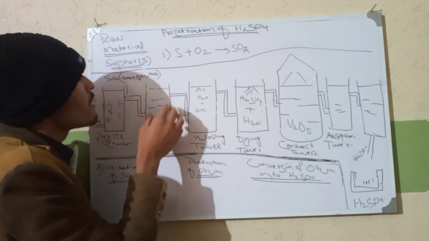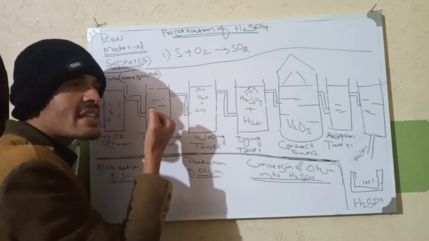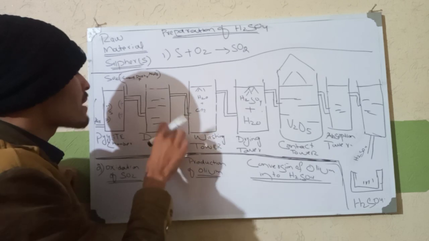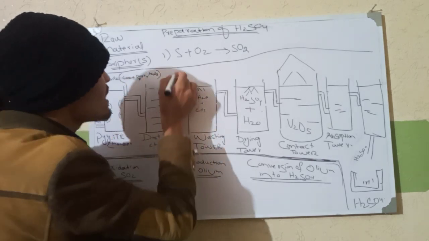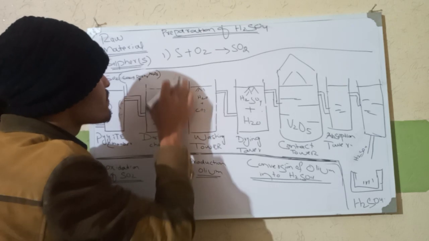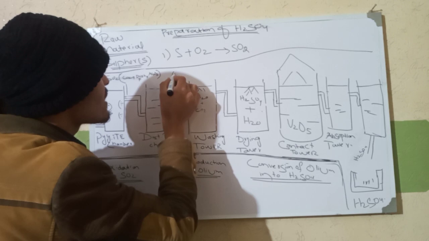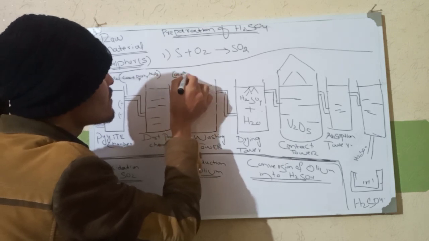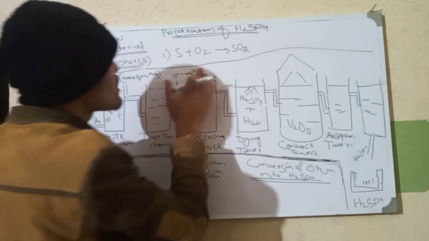What does this filter do? It catches the dust particles. So the dust particles are removed in the dust particle chamber. What is left? Only carbon dioxide plus arsenic oxide is left.